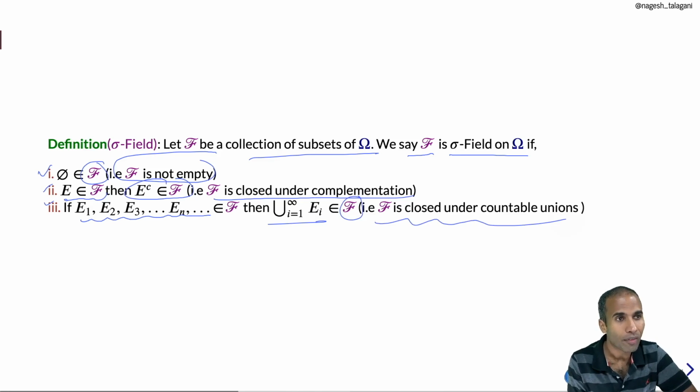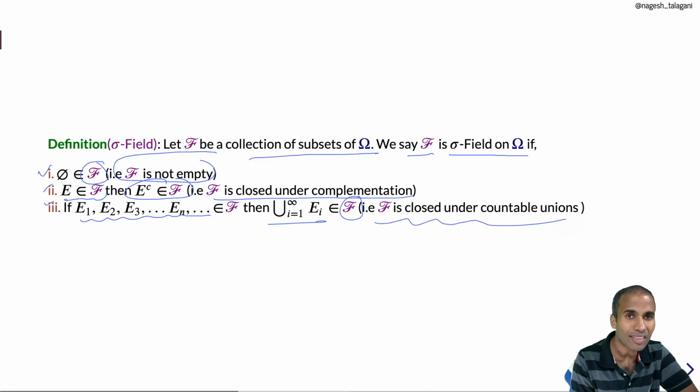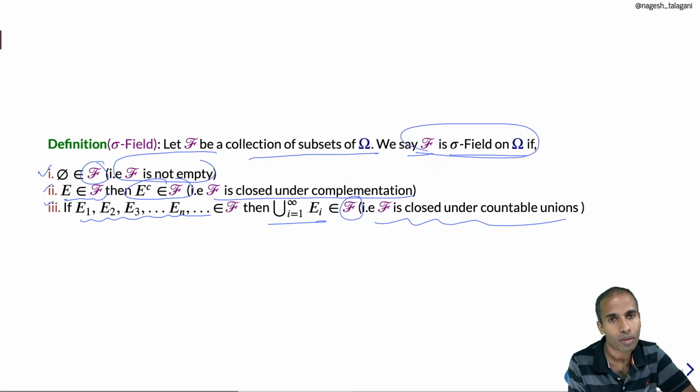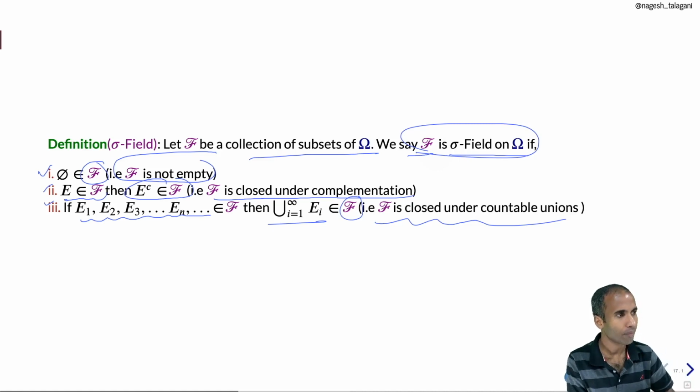Any collection of subsets of omega satisfying these three conditions is called a sigma field on omega. This is the definition. So our event space should have this structure.